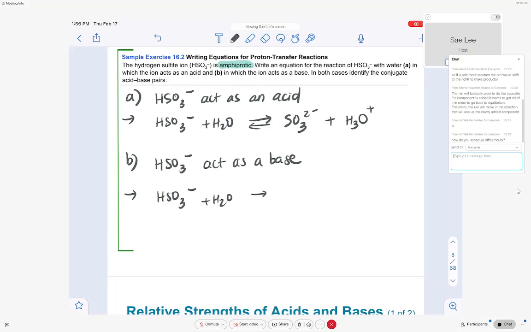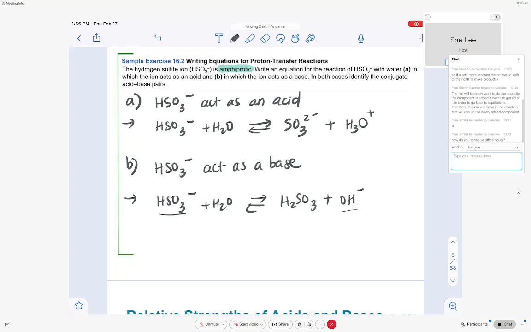After gaining the proton, the product side should have the conjugate acid of hydrogen sulfide, which is sulfurous acid, after adding 1 more hydrogen. And because water is donating its proton, it lost its proton, so you have the hydroxide ion.